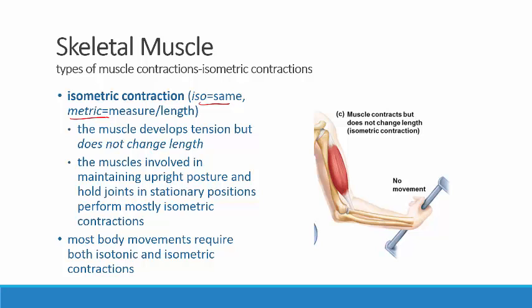Or let's say you and a buddy are moving a table in your house. You pick up the table, so you have to do a little bit of a concentric contraction there. But then as you're walking along carrying that heavy table, you're doing isometric contractions so that you can just maintain the position of the table as you're carrying it.